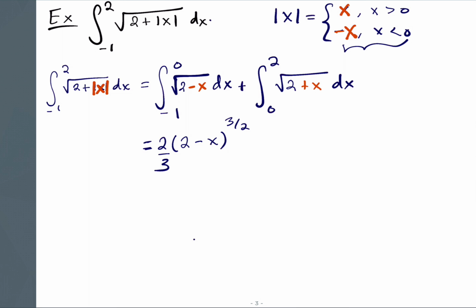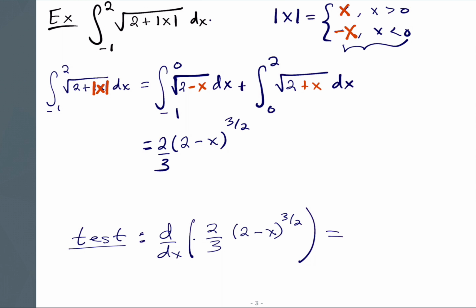But just think of going backwards. If I get the derivative of this function, will I get the square root of 2 minus x? Not quite. What's missing? If I test, get the derivative of 2/3 times (2 minus x) to the 3/2, will I get the square root of 2 minus x?